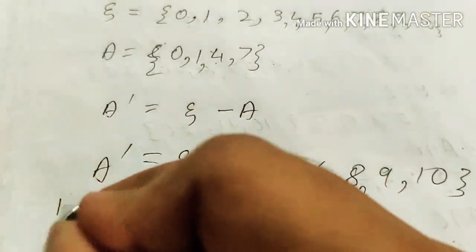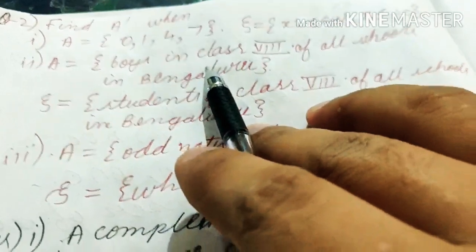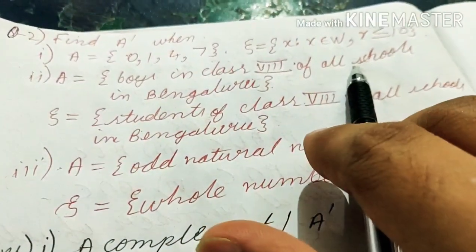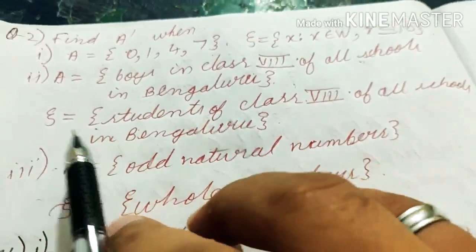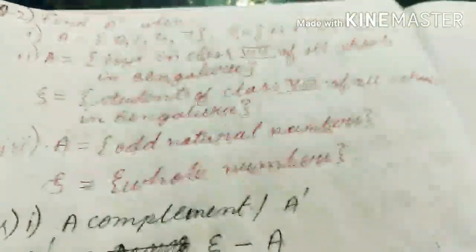Our second part here is, A set is boys in class 8th of all the schools in Bengaluru. Universal set is total students in class 8th in all schools in Bengaluru.